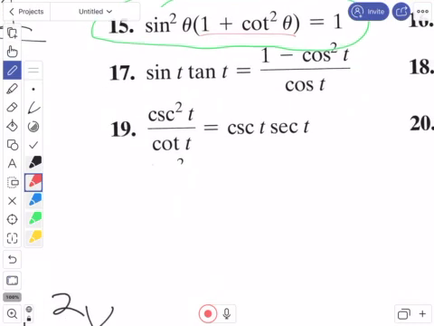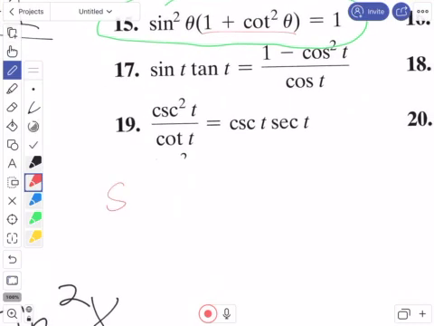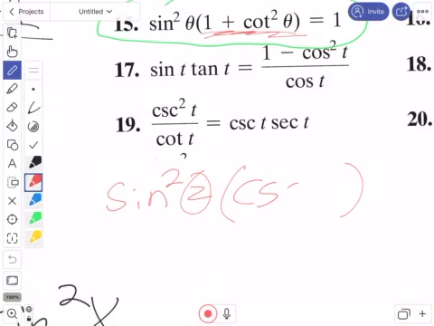So let's do that. I'm rewriting sine squared of theta, and instead of 1 plus cotangent squared of theta, I'm going to put cosecant squared of theta. And eventually we're going to say that this is all equal to 1.